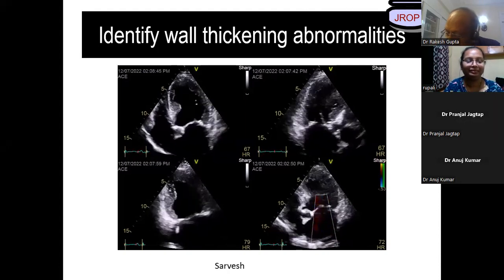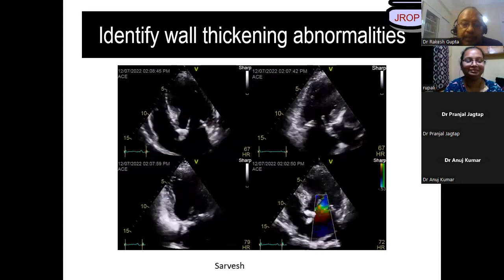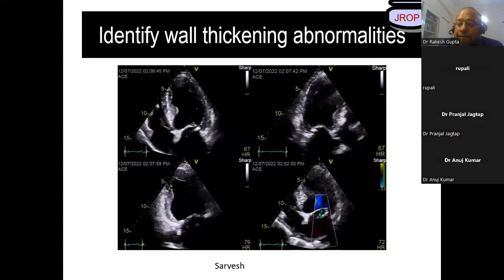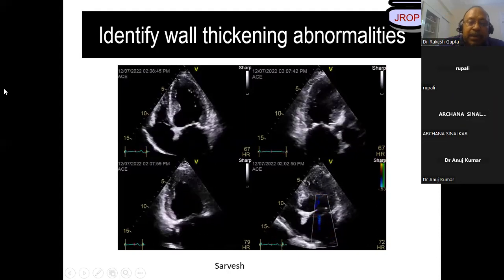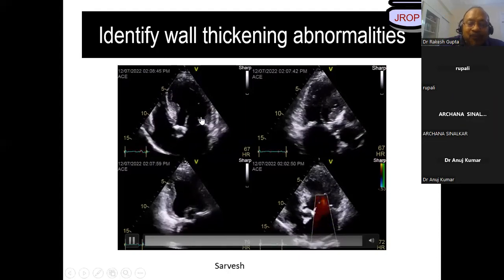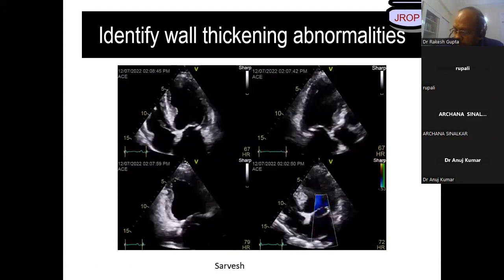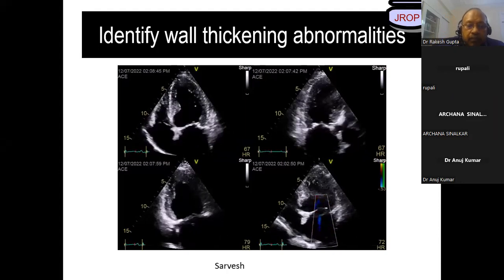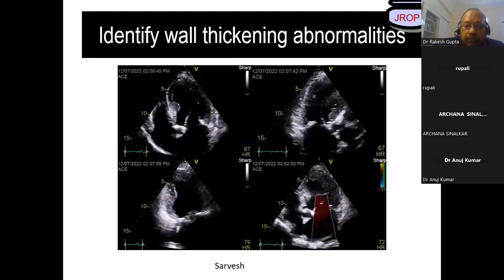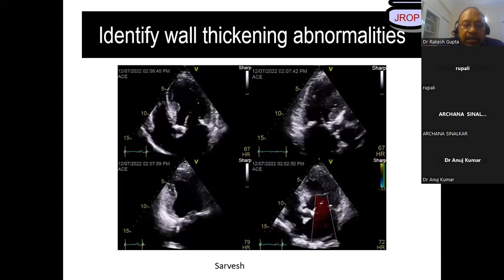I'm going to go to Dr. Archana Kishore Sanalkar. Archana, are you there? Yes, sir. Archana, tell me wall thickening abnormality in this first view. Do you see any wall thickening abnormality, Archana, in this view?